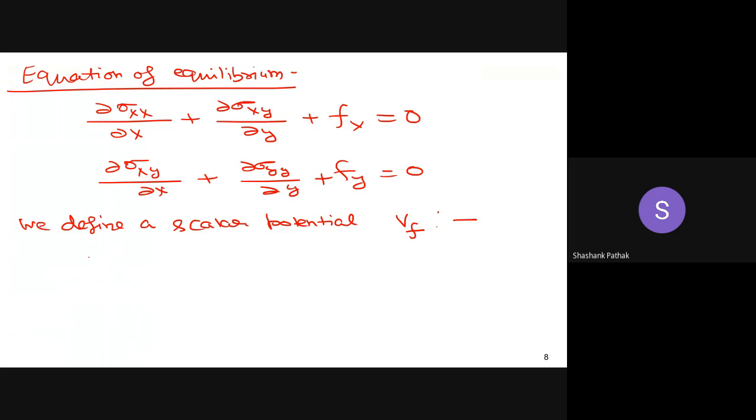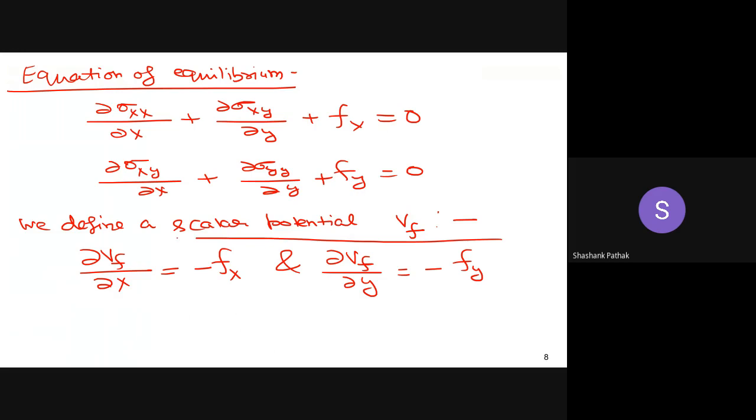If you differentiate this scalar potential with respect to x, you will get minus fx, and if you differentiate with respect to y, you get minus fy.